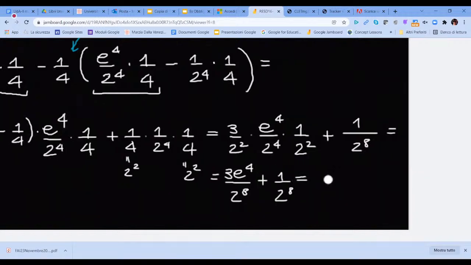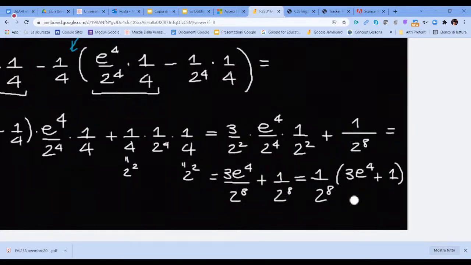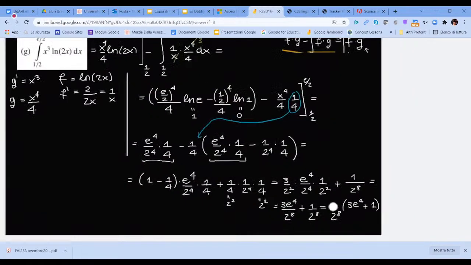So we have 1 over 2 to the 8 times 3 e to the 4th plus 1. I think this is as compact as possible as solution.